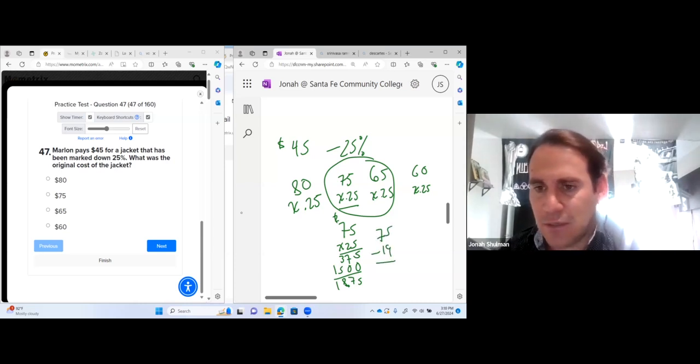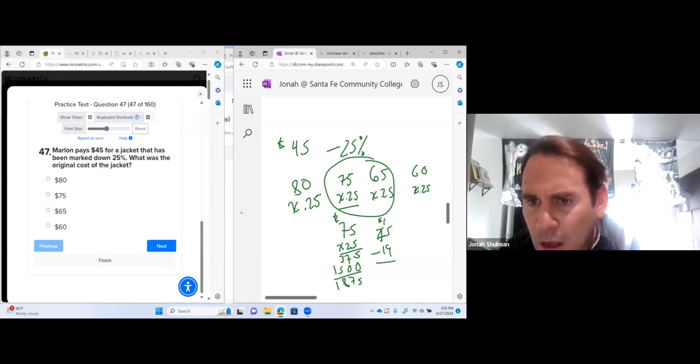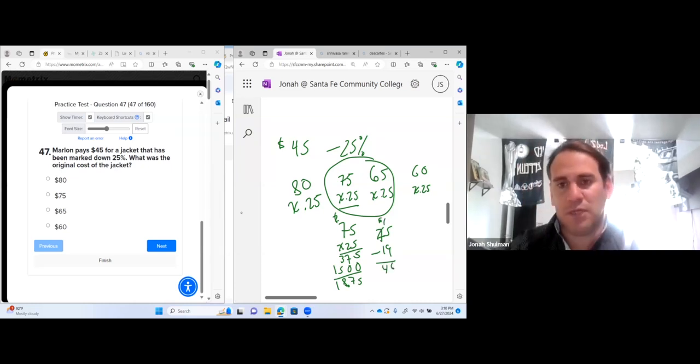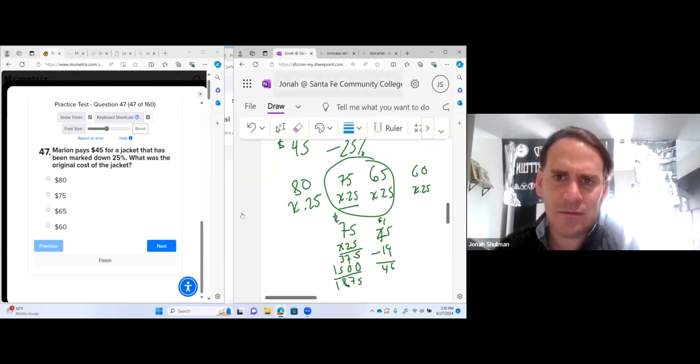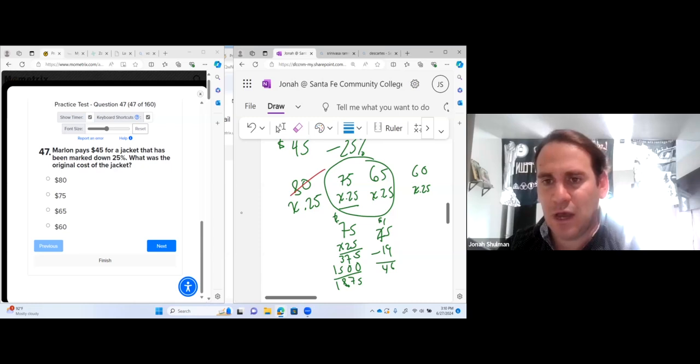I'm just rounding here. We have too much money. We have 46. So I know it can't be 80, right? 80 is too big. I know it can't be 75. It's too big, but it's barely bigger. So I'm going to go with 65. Let's see how 65 works out.